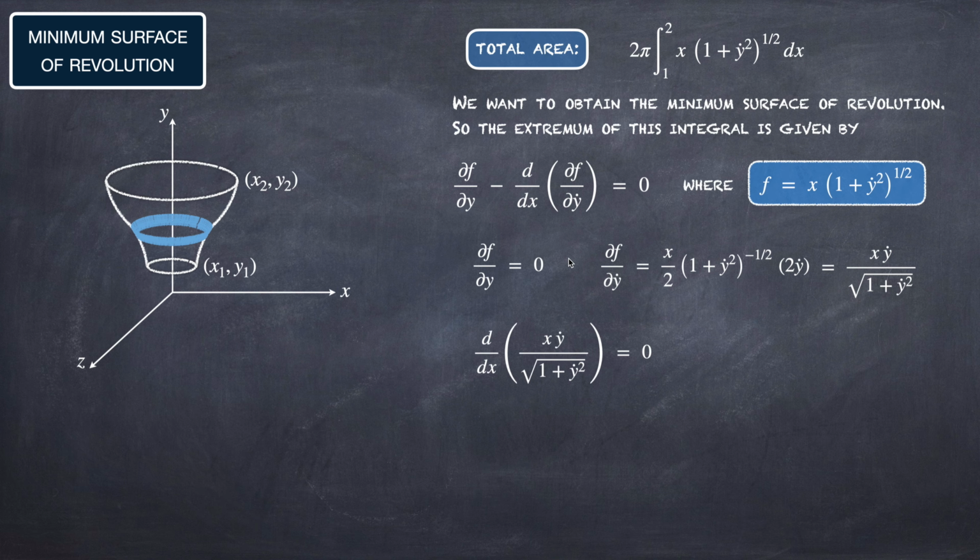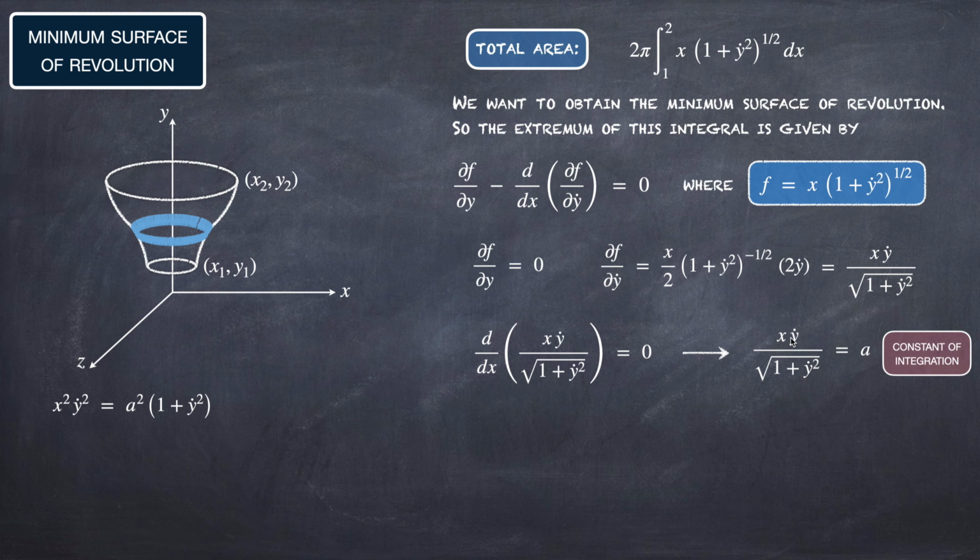Well, let's use these two results in the Euler equation, and we will obtain d dx of this term equals 0. Since the derivative of this term is equal to 0, then this term equals a constant, a.